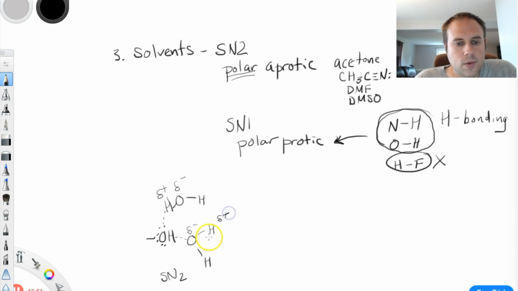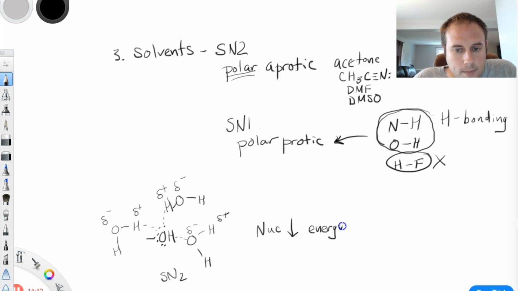So what happens when they do that? Well, the more water molecules that come by and start to surround this nucleophile, the more stable the nucleophile becomes. So when this occurs, you're taking the nucleophile and you're going to lower its energy.